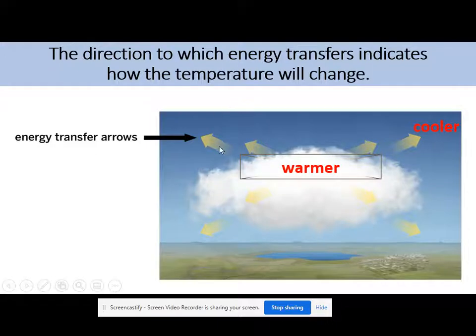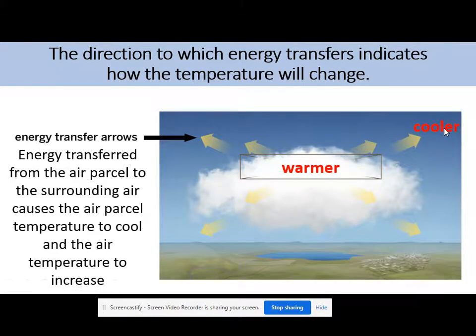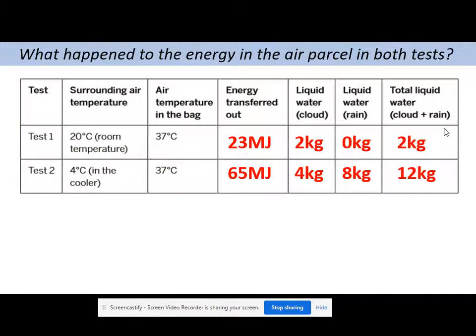You're going to see a lot of these arrows throughout the sim, and these are our energy transfer arrows, meaning that the energy is leaving the air parcel there. Okay, here's our warmer air, and then if the surrounding air is cooler, we have a lot of energy leaving. And that's kind of what we see here.